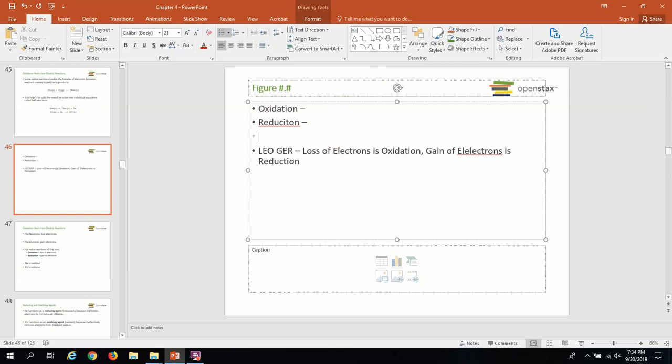And so right here, this has the charge or oxidation number increasing, and this has the charge or oxidation number decreasing.